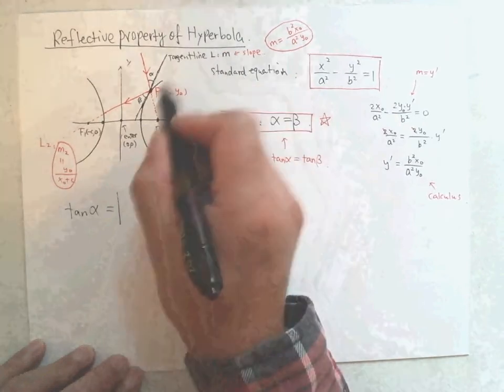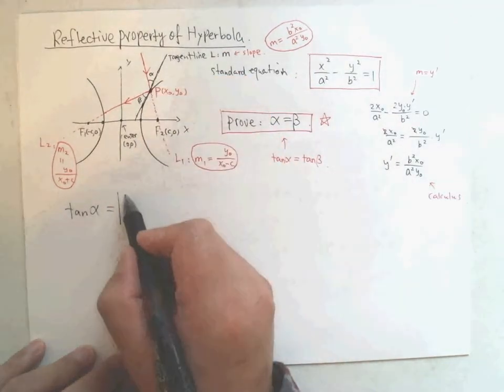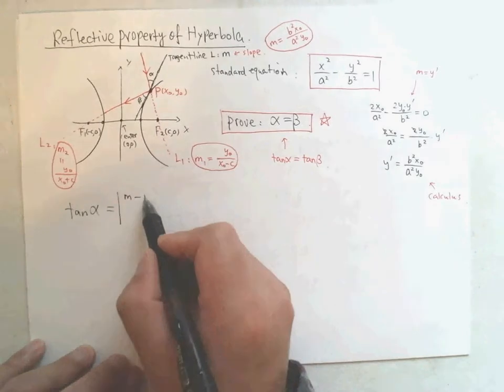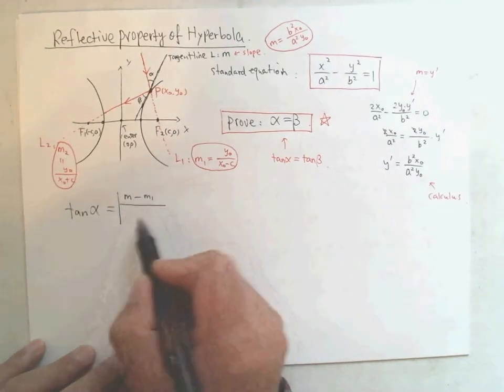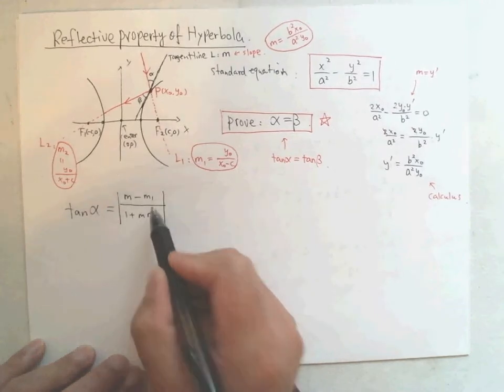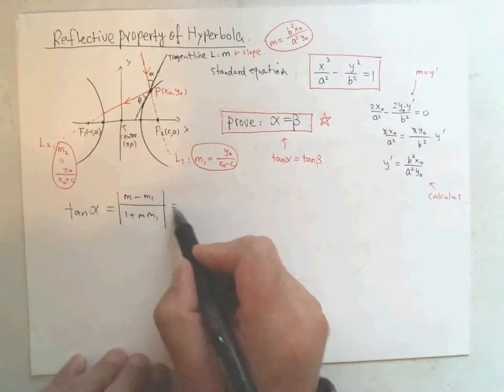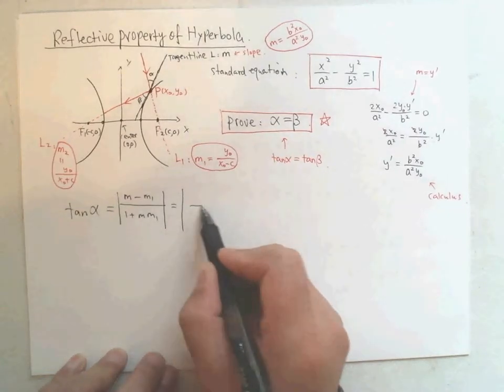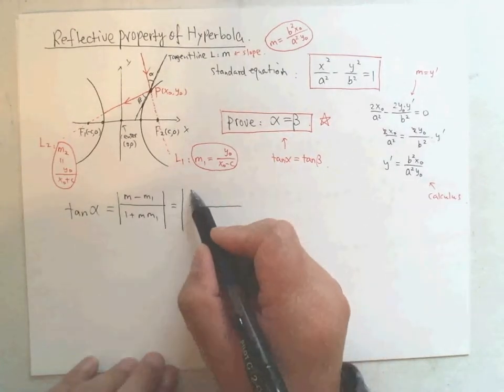The formula is tangent alpha equals this line, m, minus this line, m1, over 1 plus m times m1. This is the formula we learned before, and then we're going to simplify. It's a little bit of calculation.